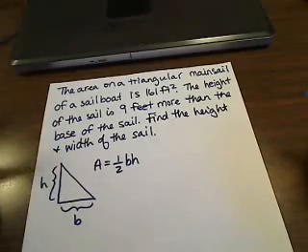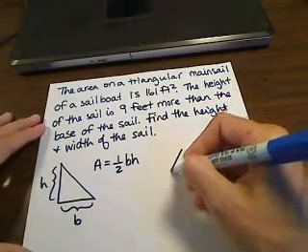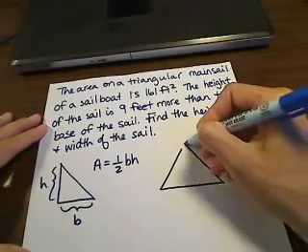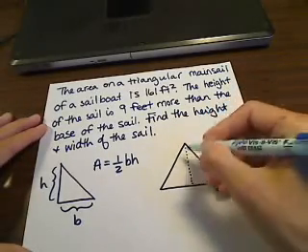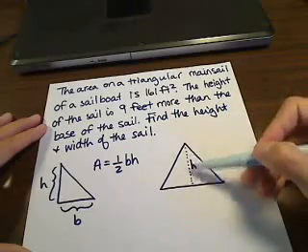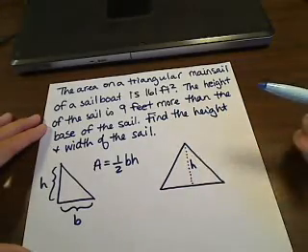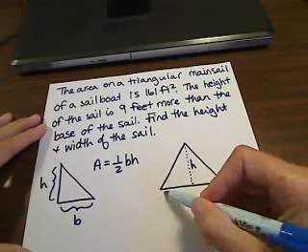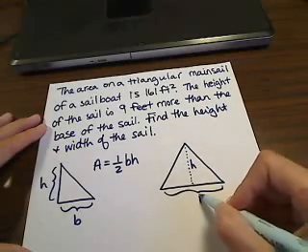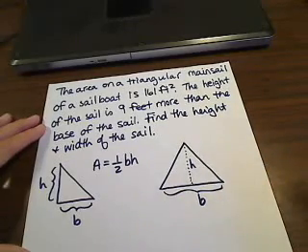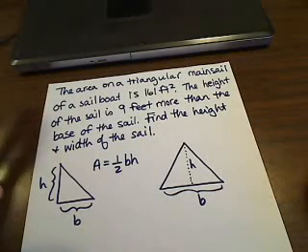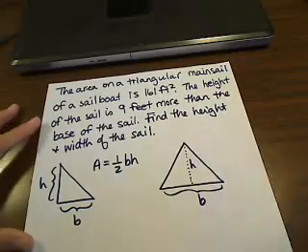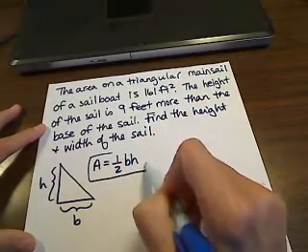Now, I've drawn a right triangle there, but the area formula applies to any triangle. If I had a triangle that looked like this, my height would be the distance from the apex down to the base, and this whole thing would be called the base. Regardless of what type of shape you're looking at, the area is always 1/2 base times height. So we're going to be working with that.